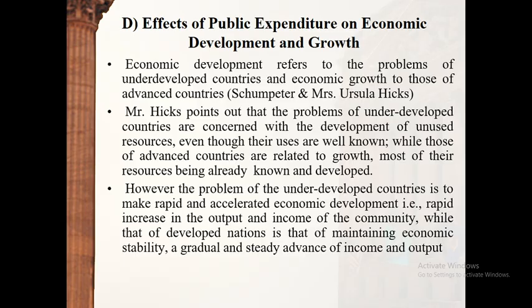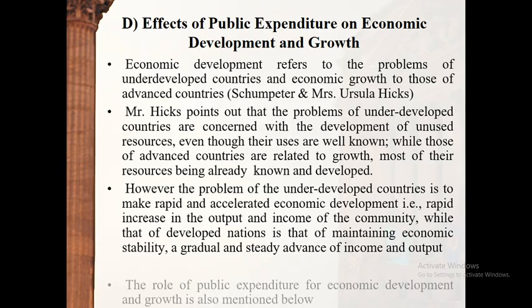Developed economies aim to maintain stability and steady advancement of income and output, because their resources are already fully utilized. When it comes to underdeveloped countries, most resources are unused or underutilized, so they should make rapid and accelerated economic development, and a rapid increase in output and income of the community must be facilitated.